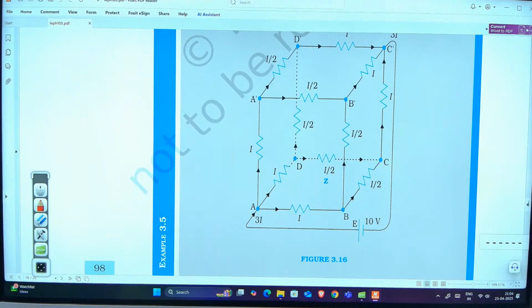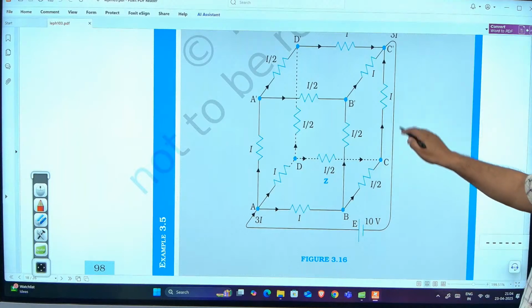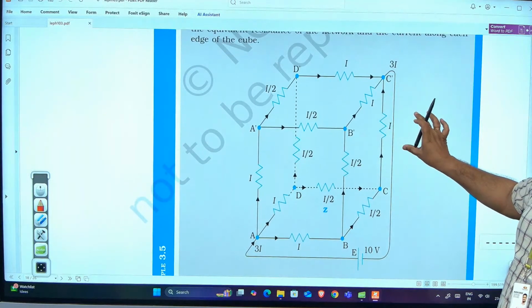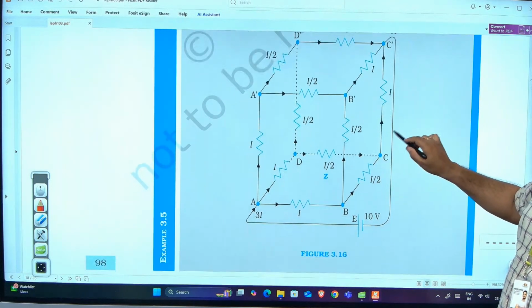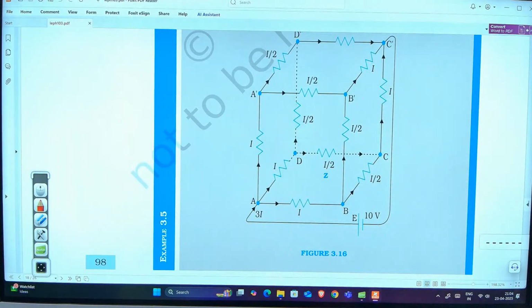So I know that I is equal to V by R. So I can write 3I is equal to 10 by R equivalent. Am I right? I hope you are understanding what I am trying to say. Now think what can be the value of R for each thing. So how will you solve that?